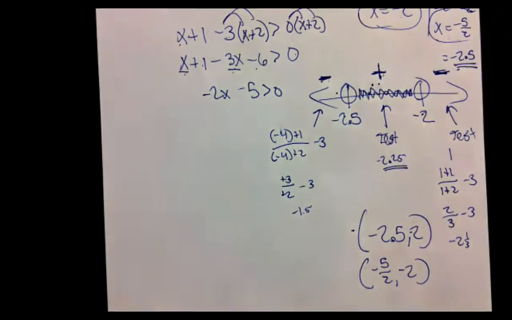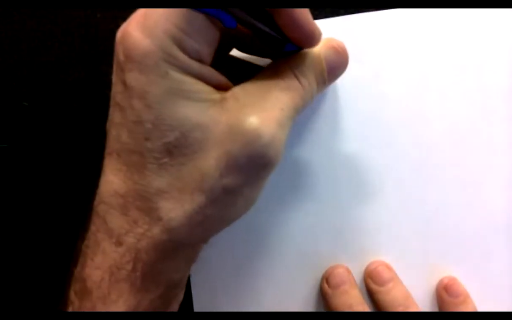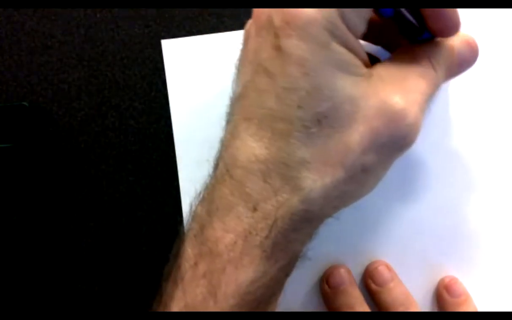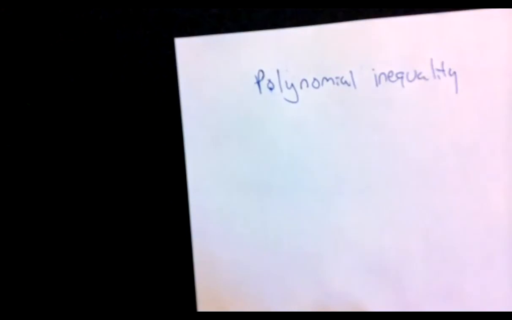Anyway, all right, so that's your rational functions, or rational inequalities, sorry. Okay, polynomial inequalities play similarly, but in my mind, they're actually kind of easier to find those critical points. So a polynomial inequality, we're basically gonna do the same thing.